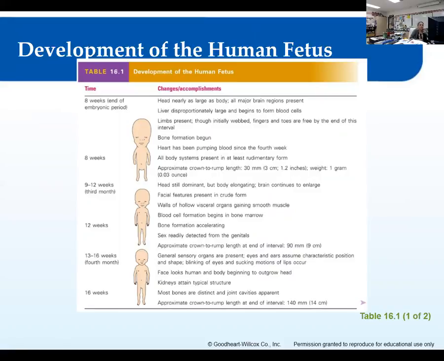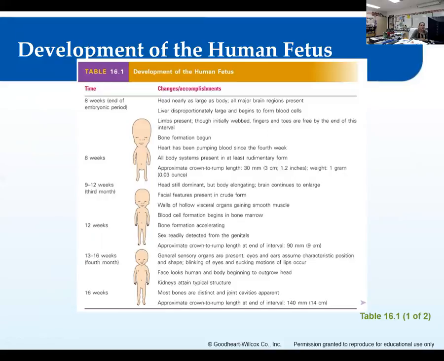All right, so development of the human fetus at 8 weeks, the end of the embryonic period. Look at this. The head is almost as large as the rest of the body. All major brain regions are present. So we've already got parietal, temporal, occipital, etc. Midbrain, pons, everything's already there. The liver is extra large because it's starting to form blood cells so they can carry oxygen, right?